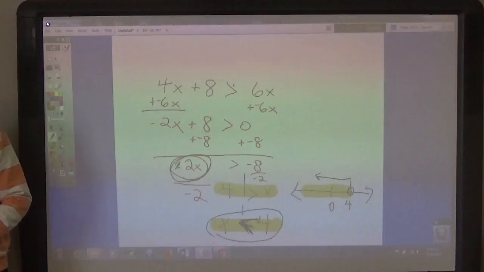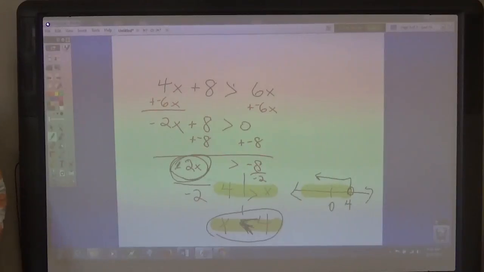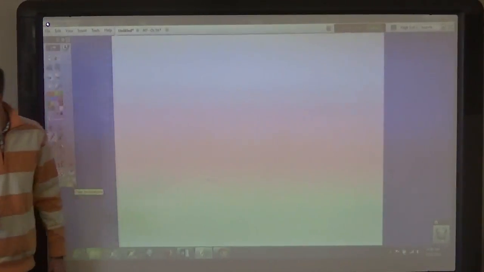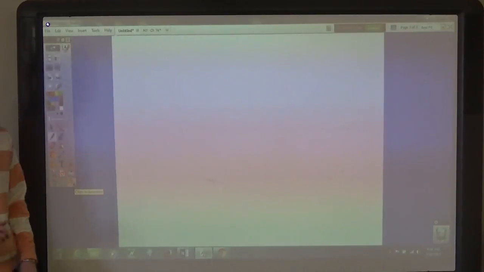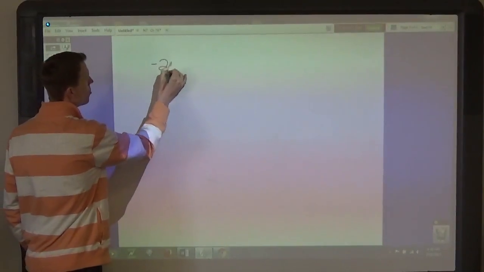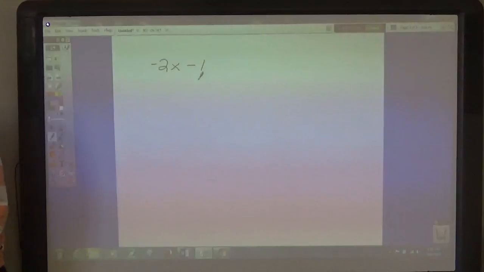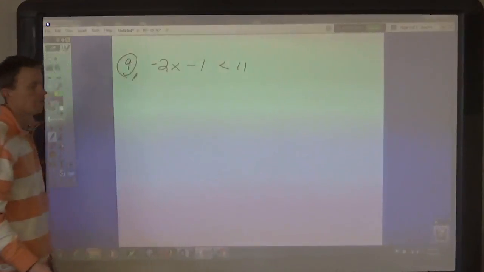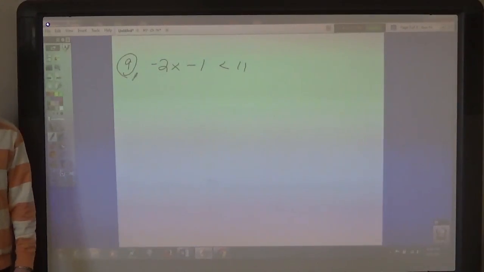Turn to page 379. Start at number 9. Negative 2x minus 1 is less than 11.